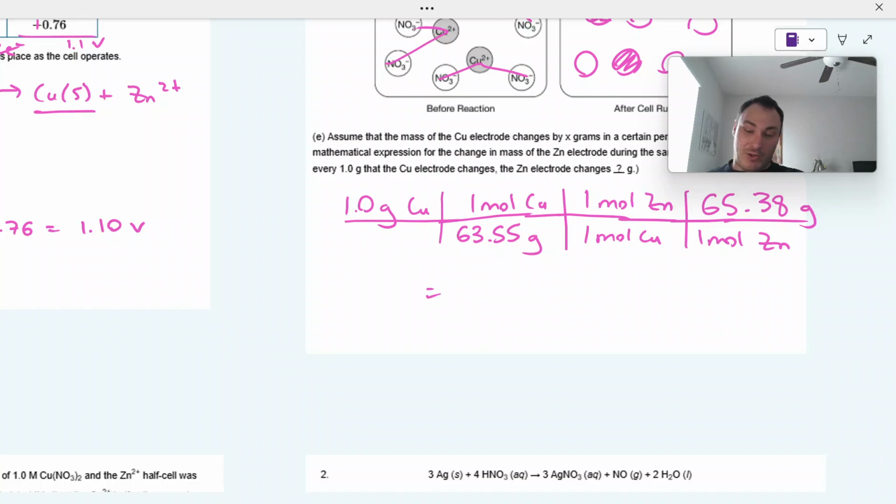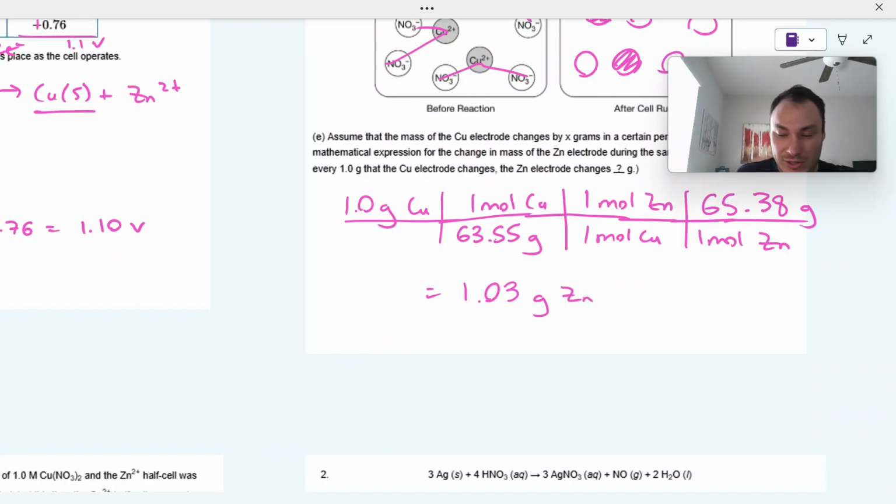Let's do that stoichiometry and see how much zinc that we use up. So it's just going to be 65.38 divided by 63.55. We get 1.03 grams of zinc for every 1 gram of copper.